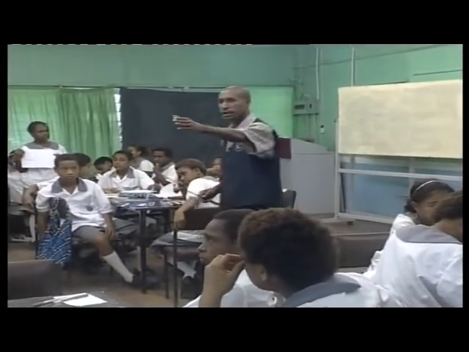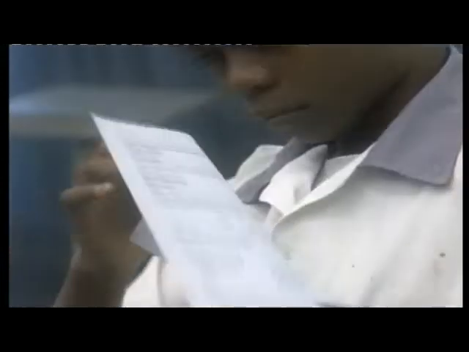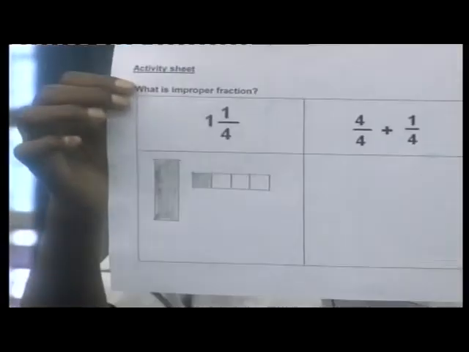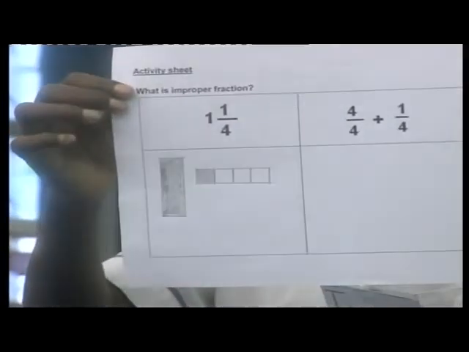Yes, Emmanuel is correct. But how did they position their rectangle? Horizontal or vertical? Horizontal or vertical, students? Across is horizontal, downwards is vertical. So look at the whole number. Is it in line with the fraction 1/4?